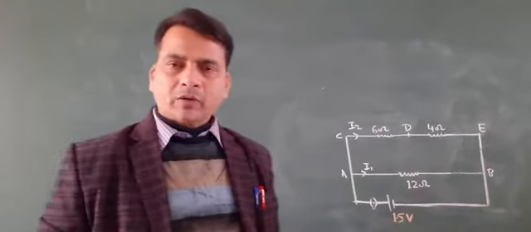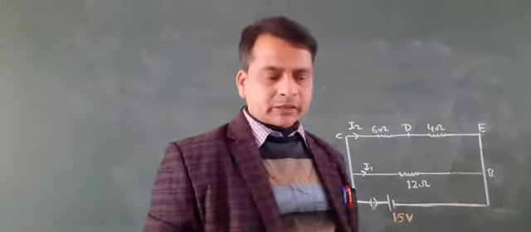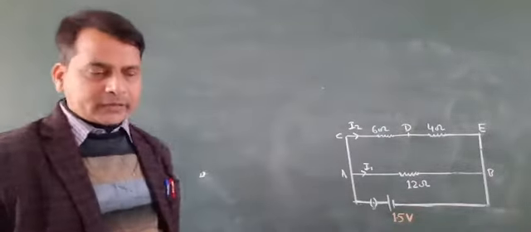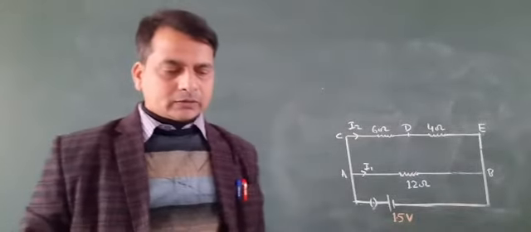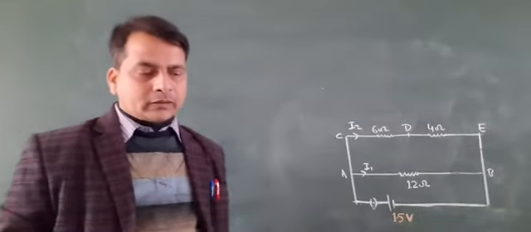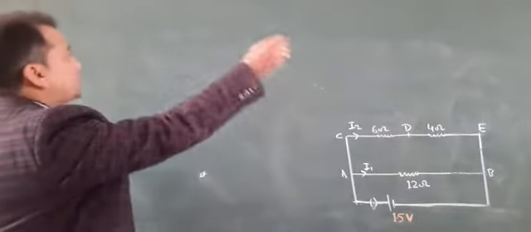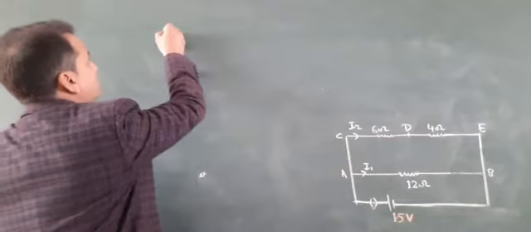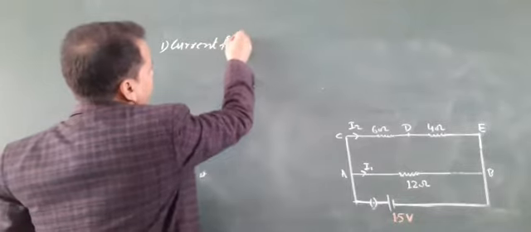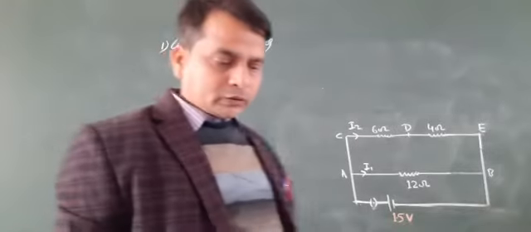First of all, we will discuss the first numerical problem, which is related to the combination of resistances. The first question in this video: in the circuit shown in the figure given alongside, calculate the current flowing through the arms AB, AC and CD.